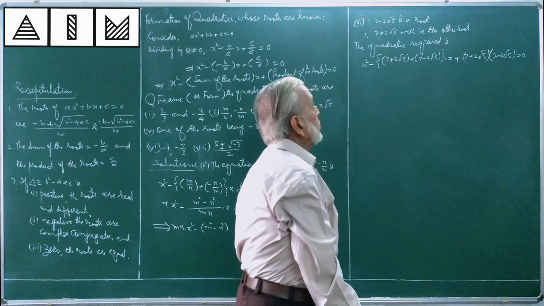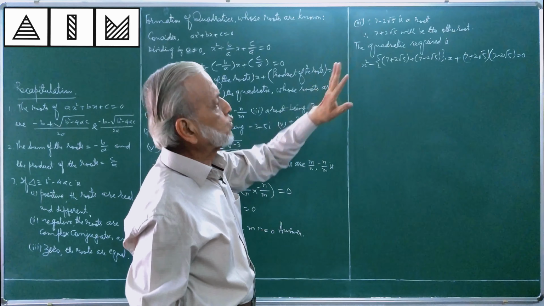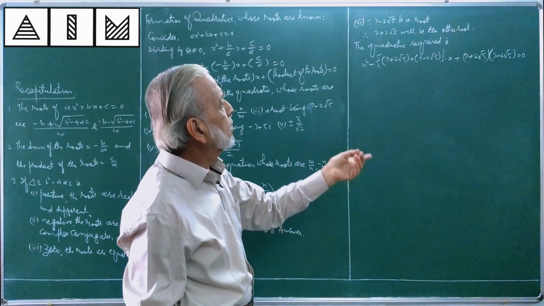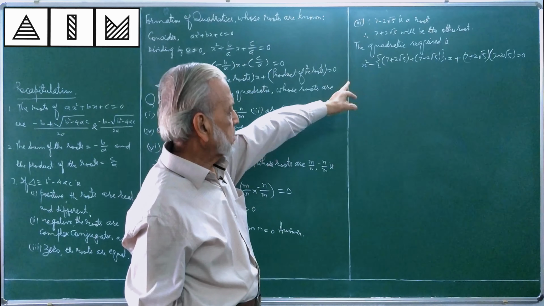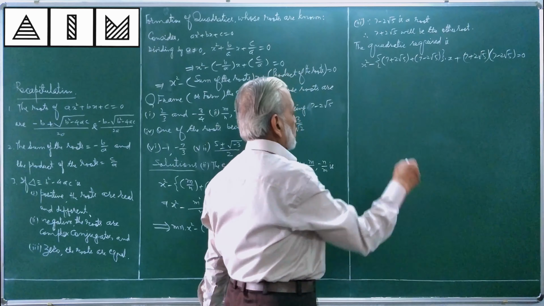Have a quick review. Since 7 minus 2 root 5 is a root, evidently 7 plus 2 root 5 will be the other root. The quadratic equation required is x square minus sum of the roots into x plus product of the roots is equal to 0.